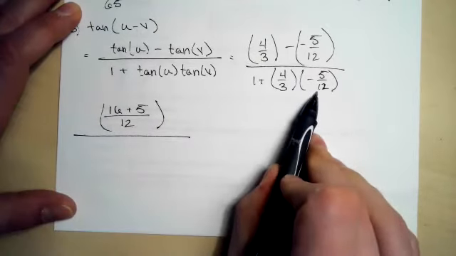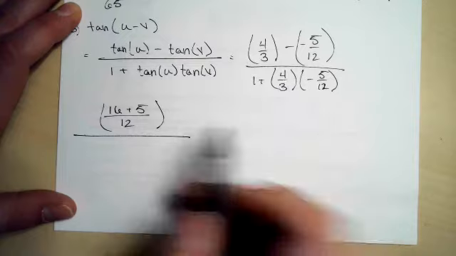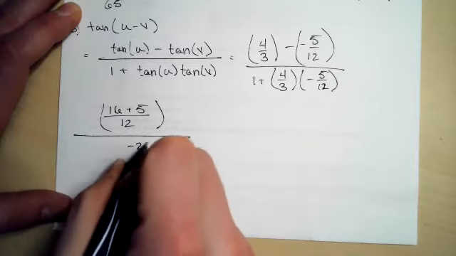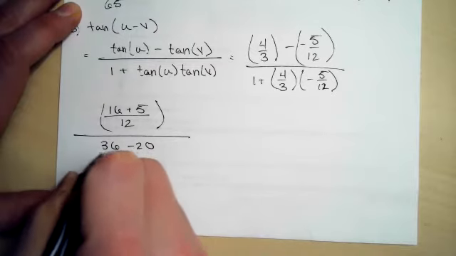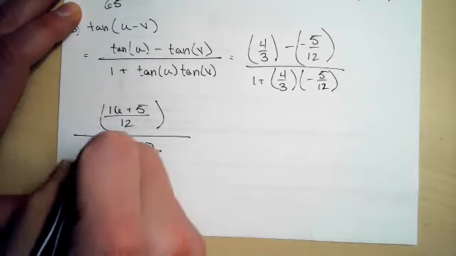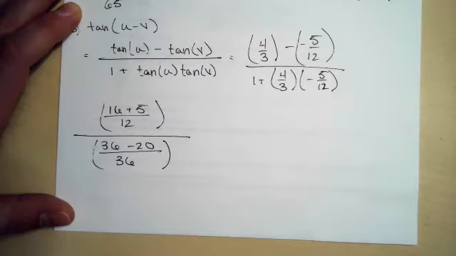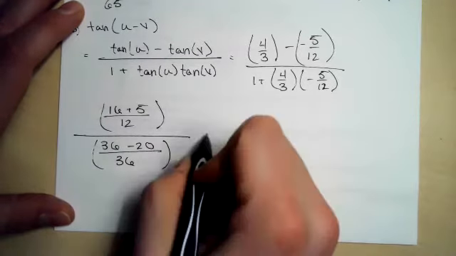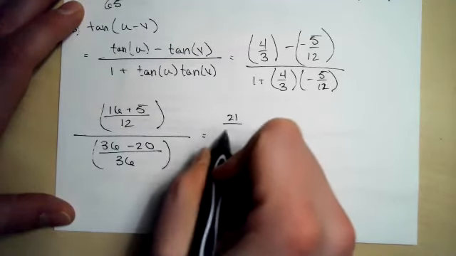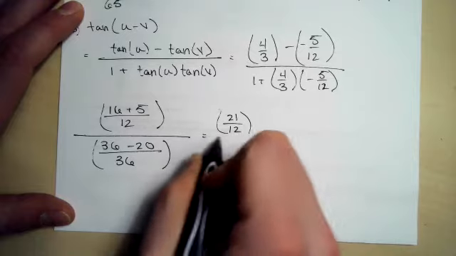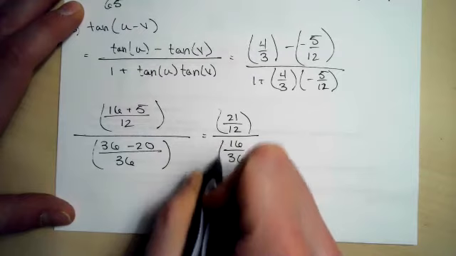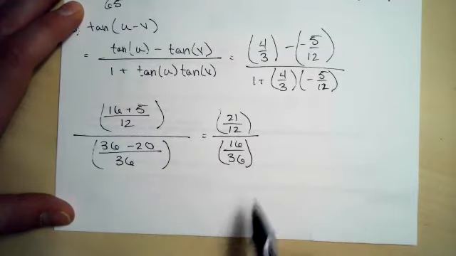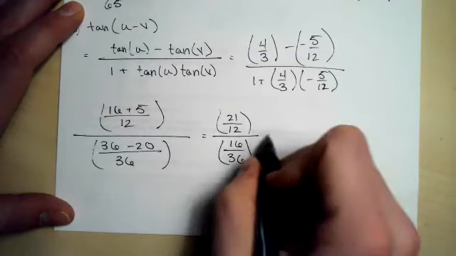Denominator here is 36. So 4 times 5 gives us negative 20. And then 1 is going to be 36 over 36. So 21 over 12, 16 over 36. You could simplify either of those if you wanted, or however you want to do it.